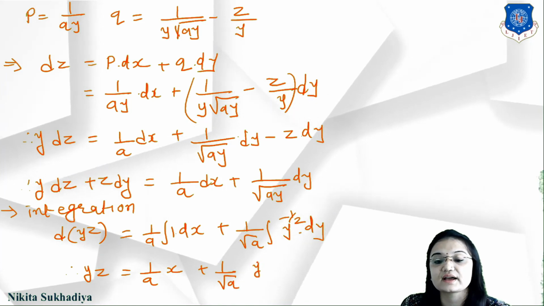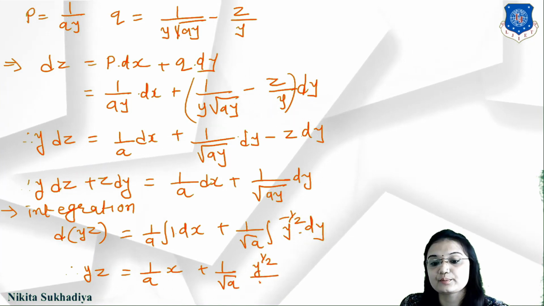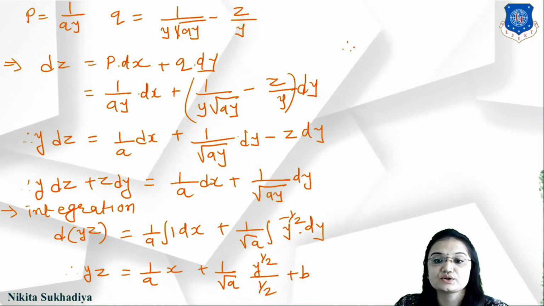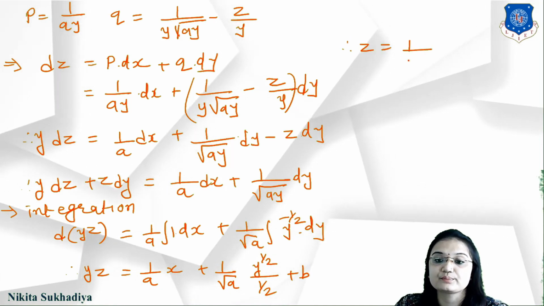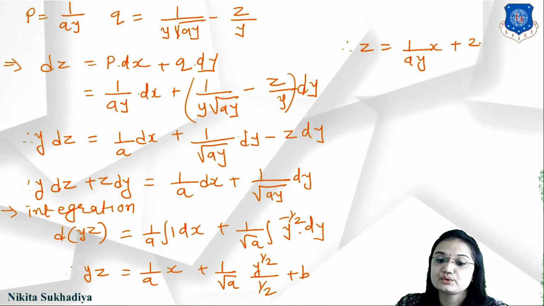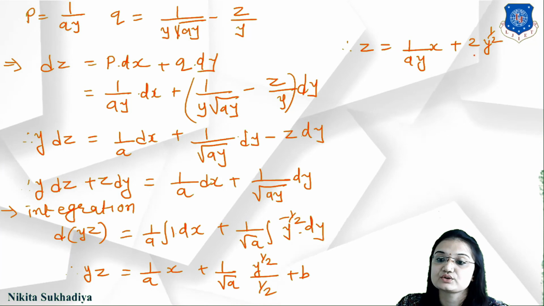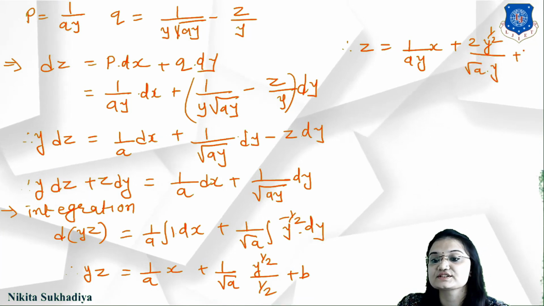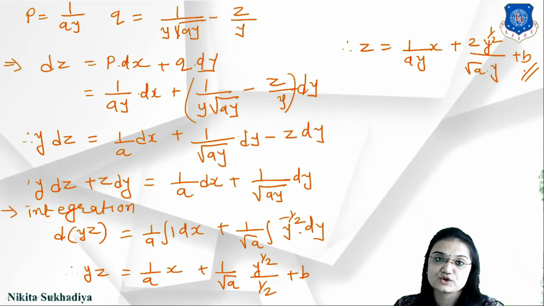This will become y raised to 1 by 2 upon 1 by 2 plus b. Okay, so our final solution, that is z is equal to 1 upon a y x plus 2 y raised to 1 by 2 upon under root of a into y plus b. This one is our final solution.